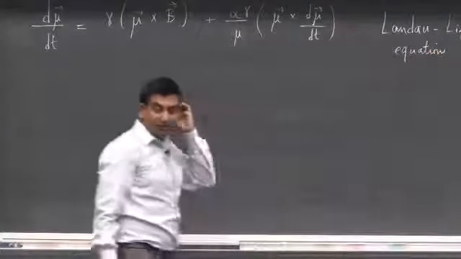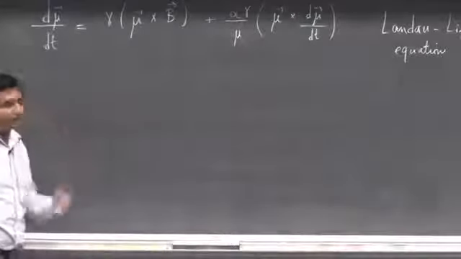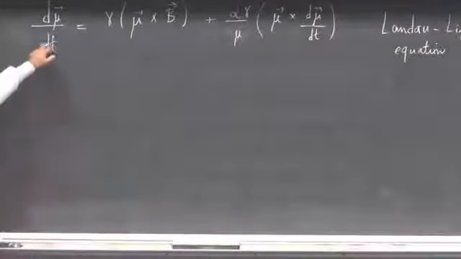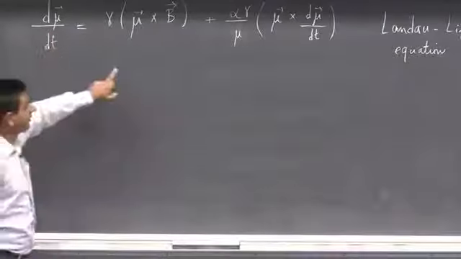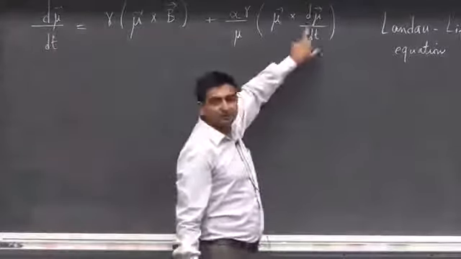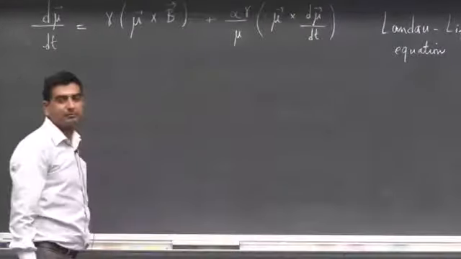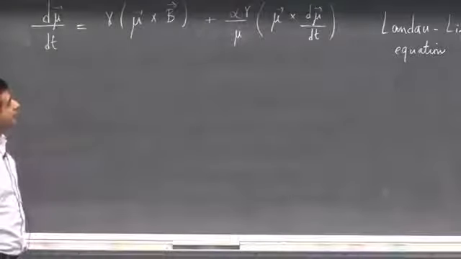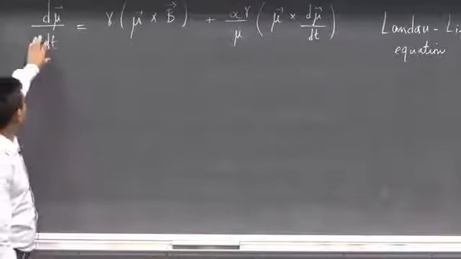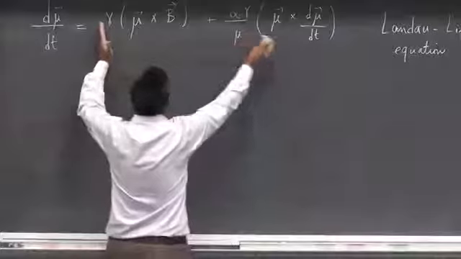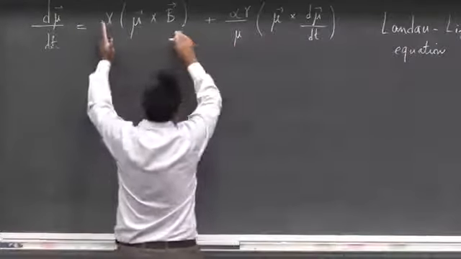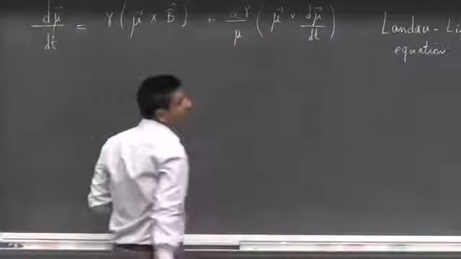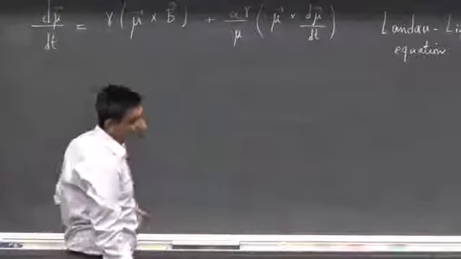Now you need to solve this equation. Okay, now the problem here is that you have d mu over dt here and you have d mu over dt here. So what you would like to do is pick up this value of d mu over dt and put it in here. So you would like to do a recursion.